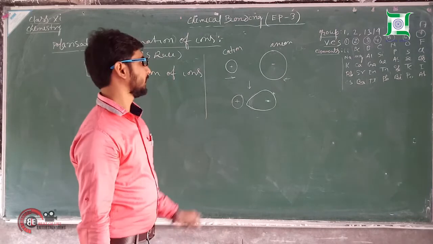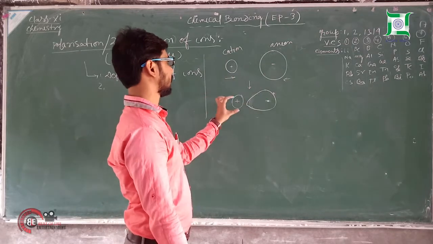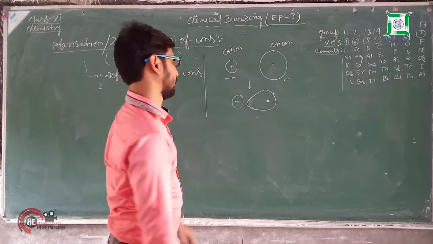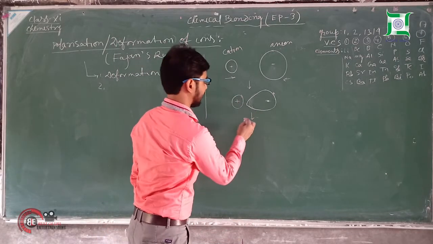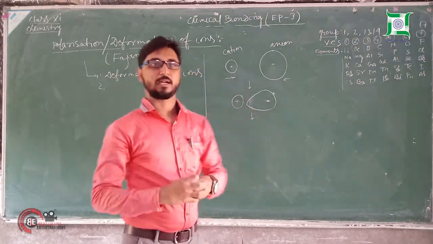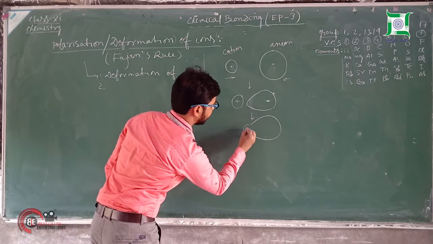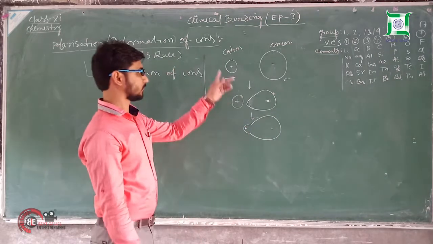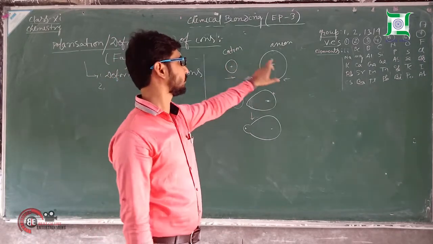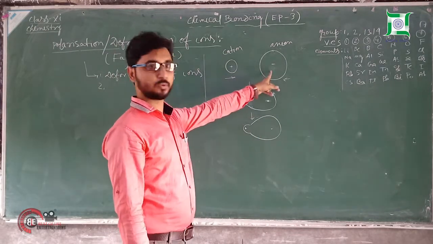So what happens is that the negative charge density of the anion moves towards the cation, because the cation attracts the negative charge density of the anion, and after some time this anion completely overlaps with the cation to induce a covalent character in the molecule. So here you see that in the first case, when both the cation and anion remain free from each other, there was a real existence of individual cation and anion.